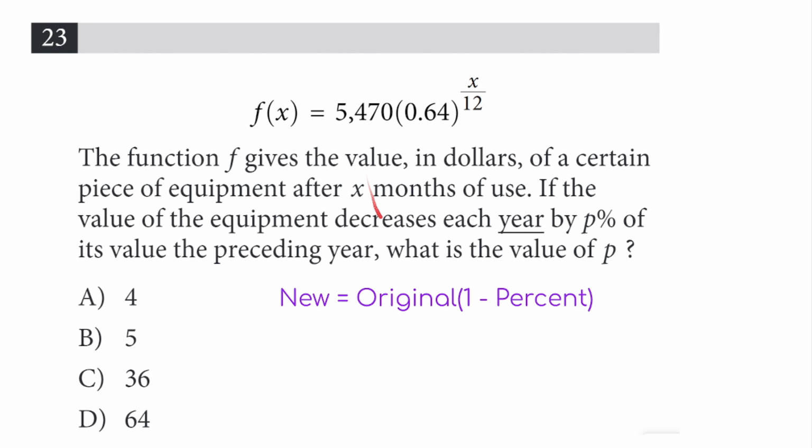Now you also didn't even need to read that, because if you looked at the equation up here, the number inside the parentheses is less than 1, which also means that it's going to be percent of decrease. Alright, then the question asks us what the value of p is, and here it says it's decreasing by p%. So we want to know by how much percent we are decreasing each year.